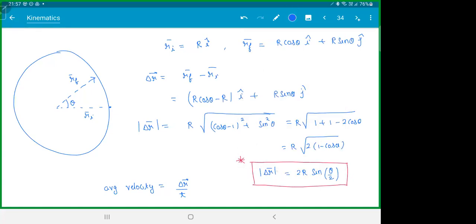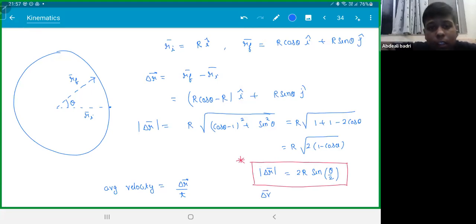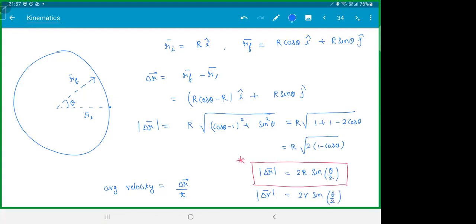I just did till delta r vector, I did not find the modulus. That is okay. The change in velocity magnitude is 2v sine theta by 2. This was asked in BITS and mains before. Simple question: find the change in velocity magnitude, 2v sine theta by 2.